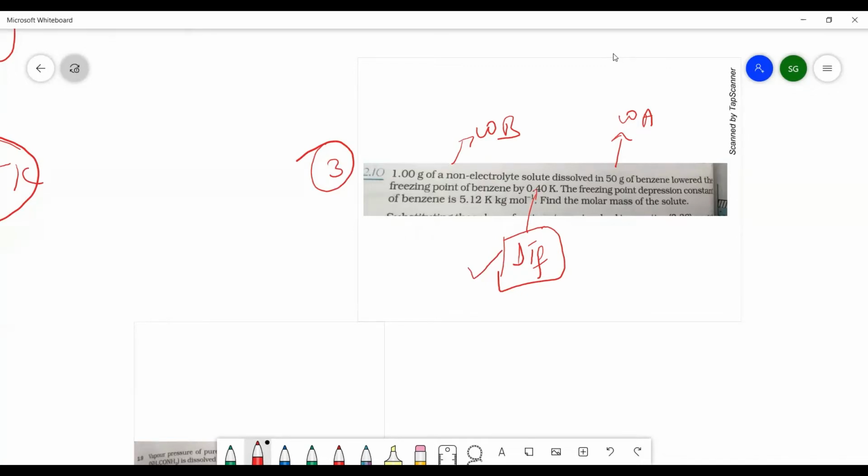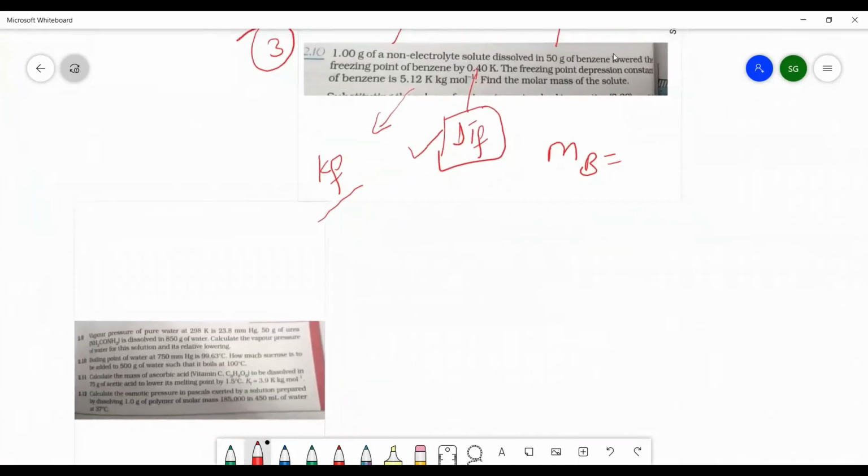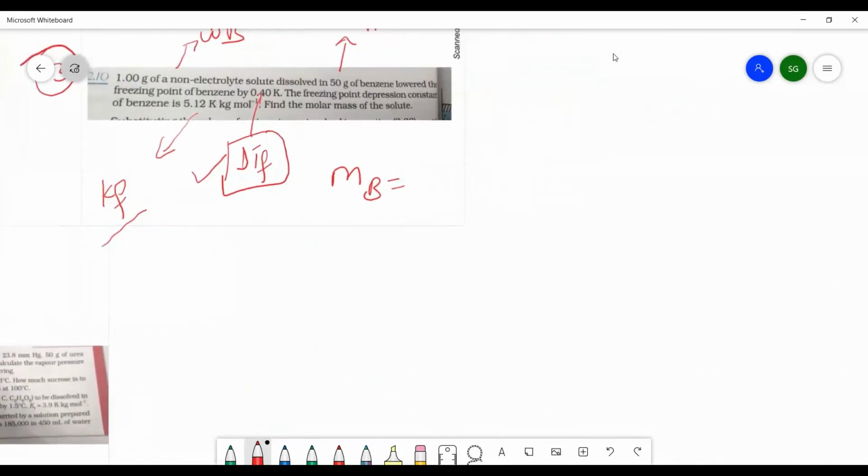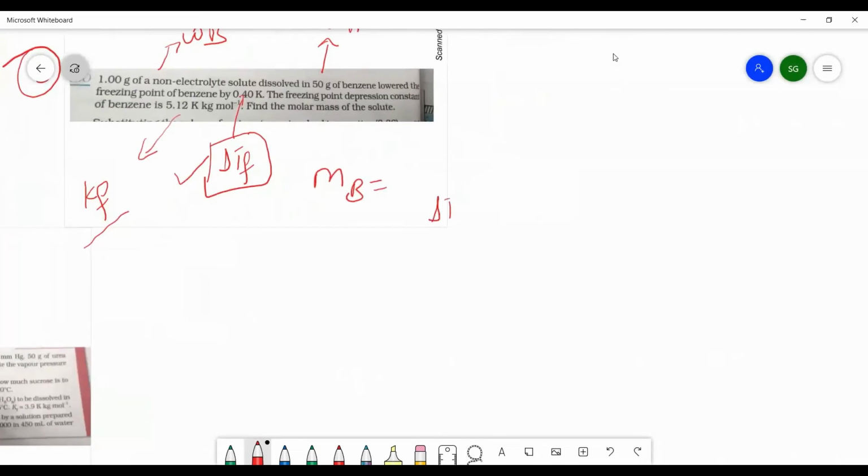Lowers the freezing point of the benzene. The freezing point of benzene is lowered by 0.40 Kelvin. That means delta TF is given. And the freezing point depression constant, this value is KF. And find out the molar mass. So you have to find out the molar mass of the solute. So again, you have to apply the formula. What is the formula? Delta TF is equal to KF into m.